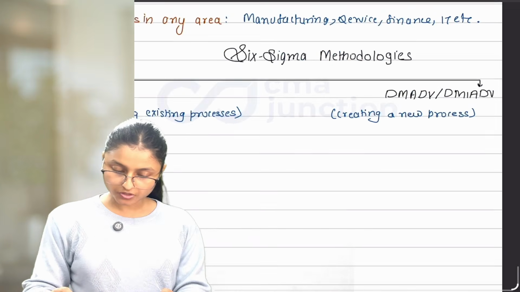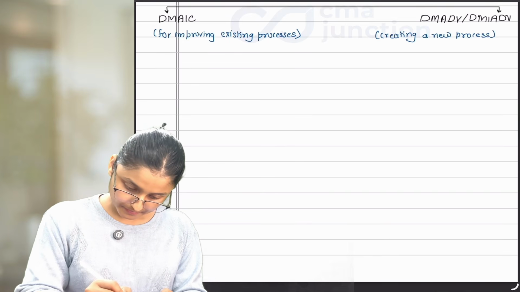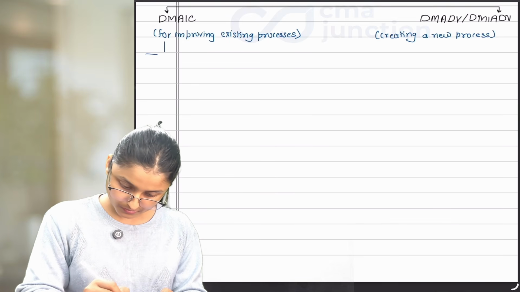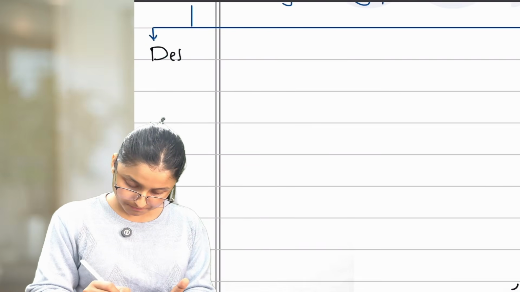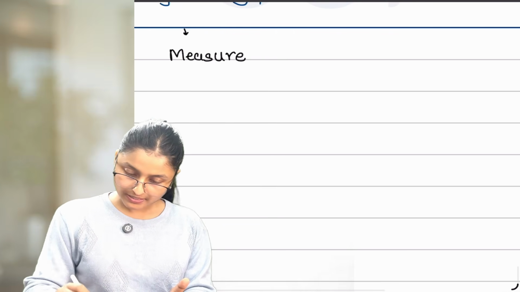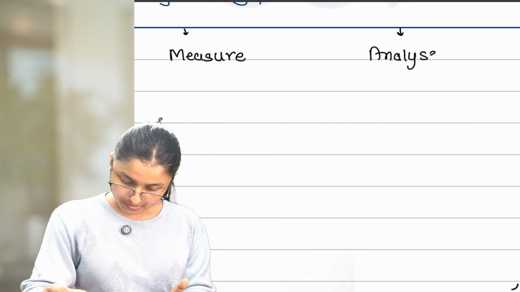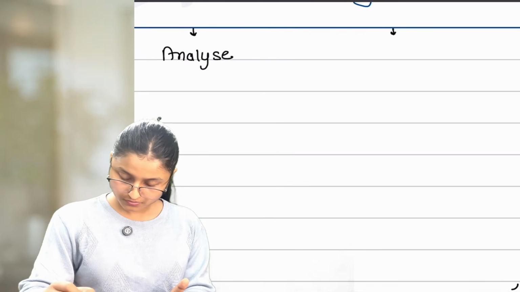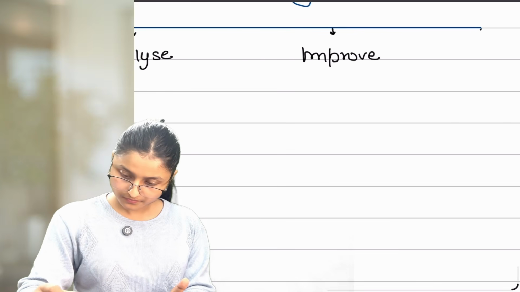First, let's focus on DMAIC. First, D is define. Next, measure, analyze, improve, and control.